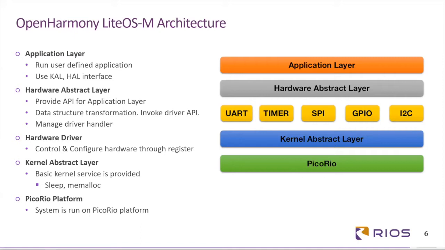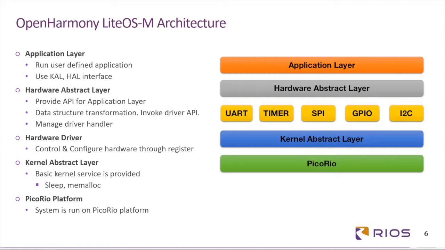And below the hardware abstract layer is the hardware driver. For example, the UART, the timer, the SPI, the GPIO at this layer. And you will need to control and configure the hardware through writing to a specific register address.